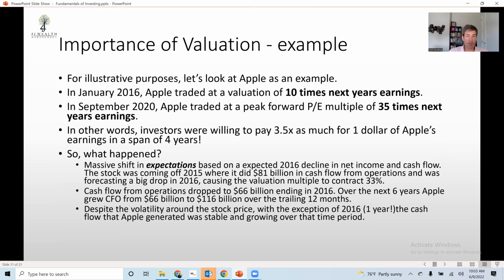The cash flow from operations did in fact drop from 81 to 66 billion over the course of 2016. But then over the next 6 years, Apple grew cash flow from operations from 66 billion to 116 billion, if we look at the trailing 12 months. So you had tremendous volatility around the stock price because of those shifts in expectations. But the actual cash flow that Apple generated was fairly stable and growing over that time period.